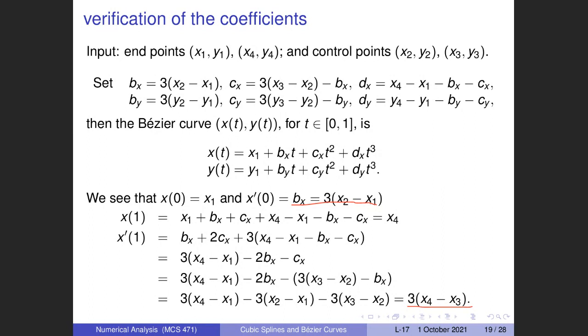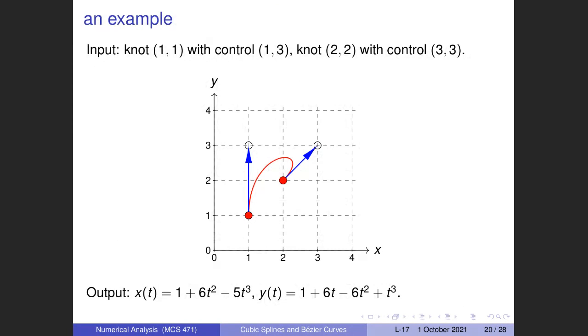All right, then. Here is the example again. So this was our beginning example. We have 2 knots and 2 controls. So here I wrote it again with 2 knots, and then their controls. But we will write 1, 1, then 1, 3, then 3, 3, and 2, 2.